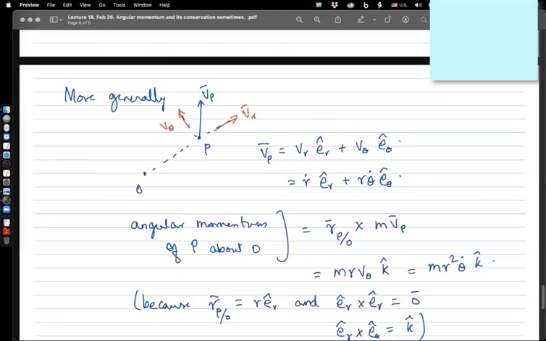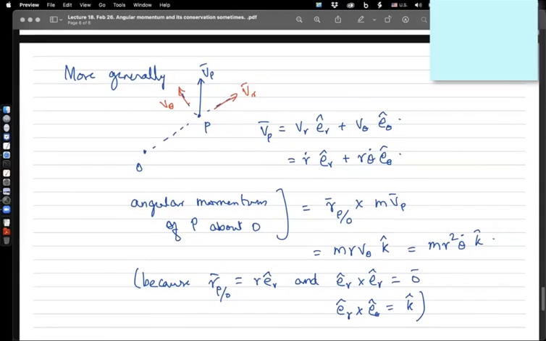Or if you use the formula from your old polar coordinates, it's r dot, which is the speed in the r direction, and r theta dot is the velocity component in the theta direction. So that's v_P. And then the angular momentum of P with respect to point O, you can use the same formula: r_P with respect to O cross m v_P.